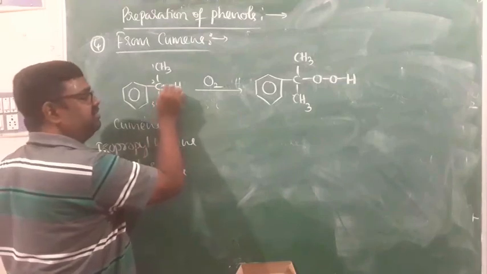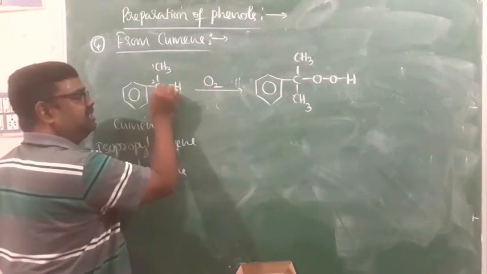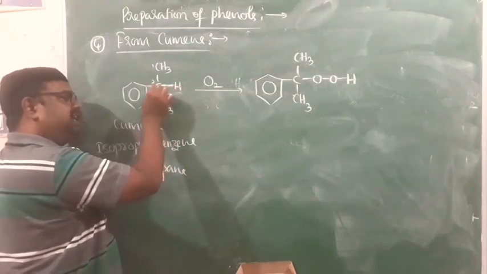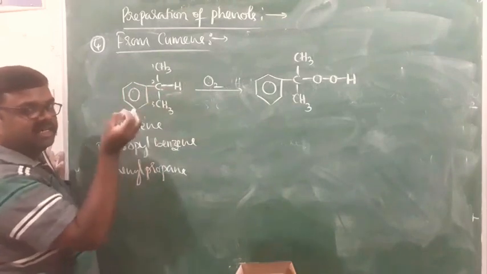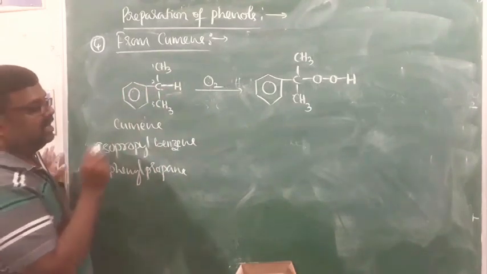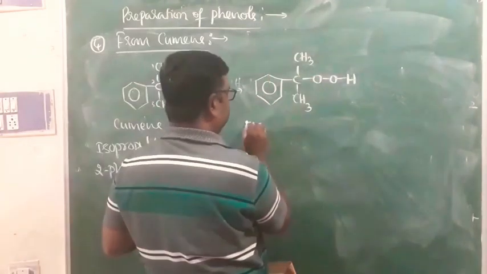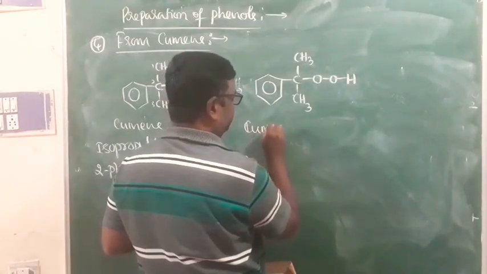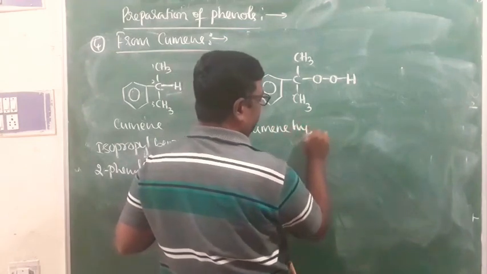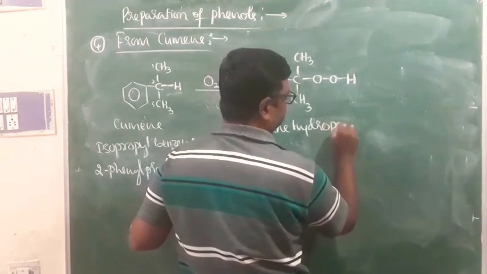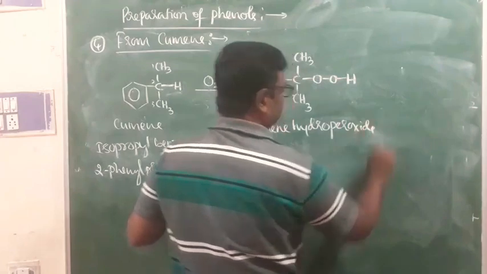Why is this CH bond affected by oxygen? Because this CH bond is weak, since it is directly attached to the benzene that acts like an electron withdrawing group. So the CH bond is weak, undergoes oxidation, and you are going to get cumene hydroperoxide.